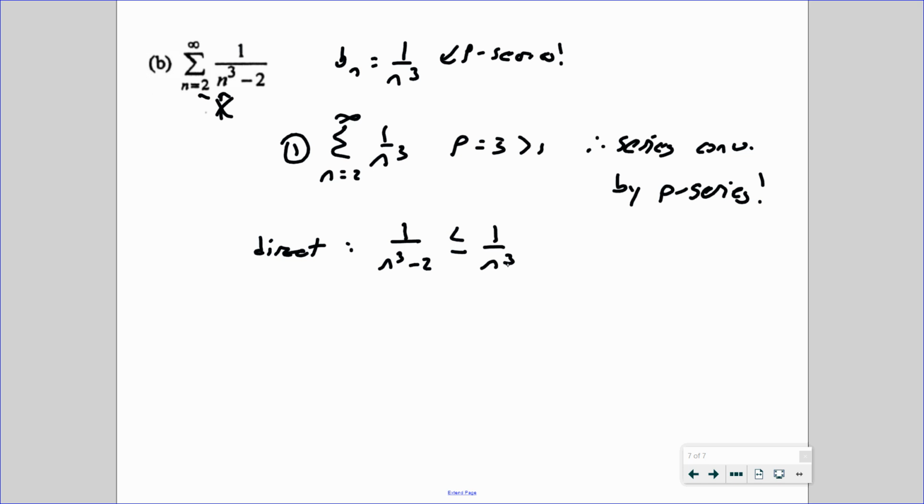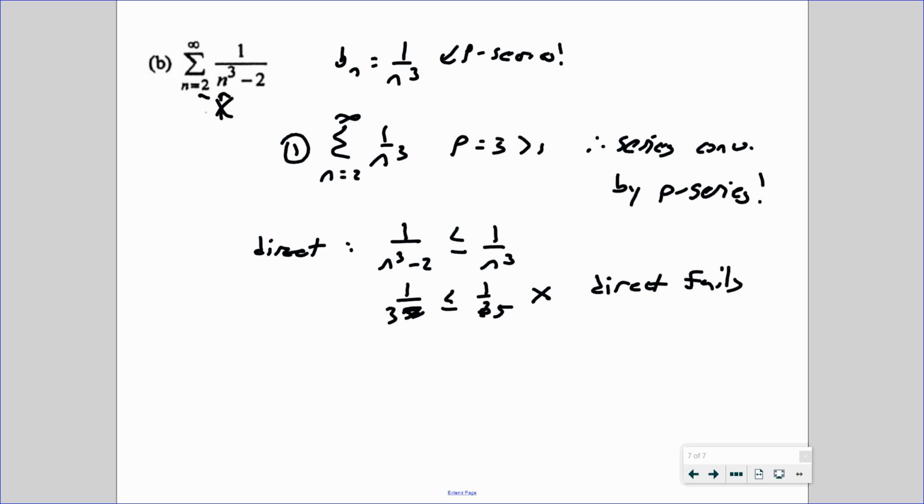The bottom here is smaller than this bottom. So what about the fractions 1/3 and 1/5? Other way around, sorry. This is 1/3. This would be 1/5. Sorry about that, I messed that up. So if I look at the fractions 1/3 and 1/5, is this a true statement? Of course not. So here we can say that direct fails.